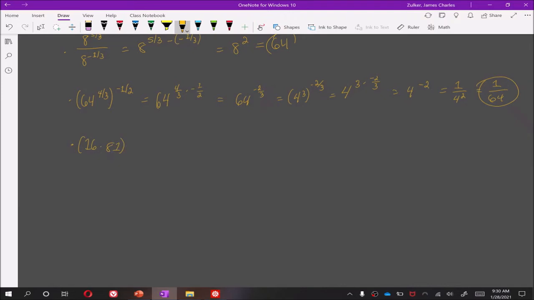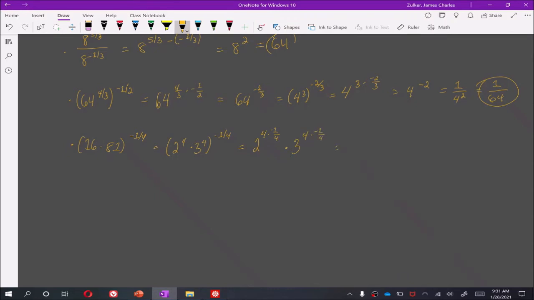Now 16 times 81 to the negative quarter. We can write 16 as 2 to the 4th. We can write 81 as 3 to the 4th. So we get 2 to the 4 times negative 1/4 times 3 to the 4 times negative 1/4.